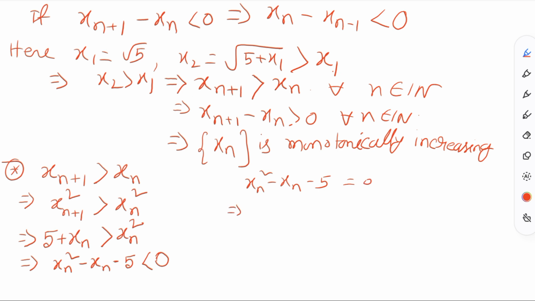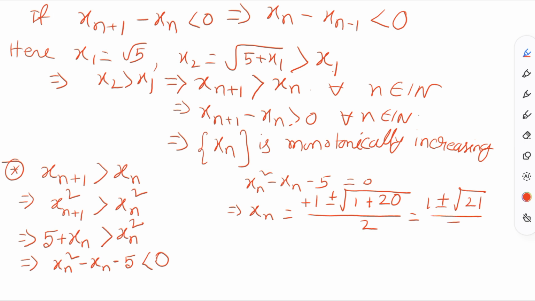Using Sridharacharya's formula, you can find the root. Xn equal to, the formula is minus b plus minus root over b square minus 4ac, over 2a. B is minus 1, so 1 minus 4 into 5, 20, minus minus plus 20, by 2, that means 1 plus minus root over 21 by 5.